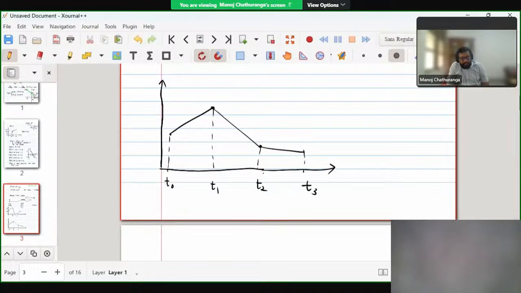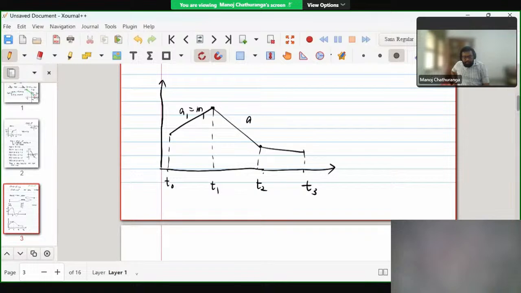So here we have three pieces. For the first piece, slope is constant, so the acceleration is constant. Acceleration is given by the slope of this line. For the second line segment, again, slope is constant, therefore it has a constant acceleration. And we can see slope is negative, therefore it must be decelerating, decreasing its velocity.